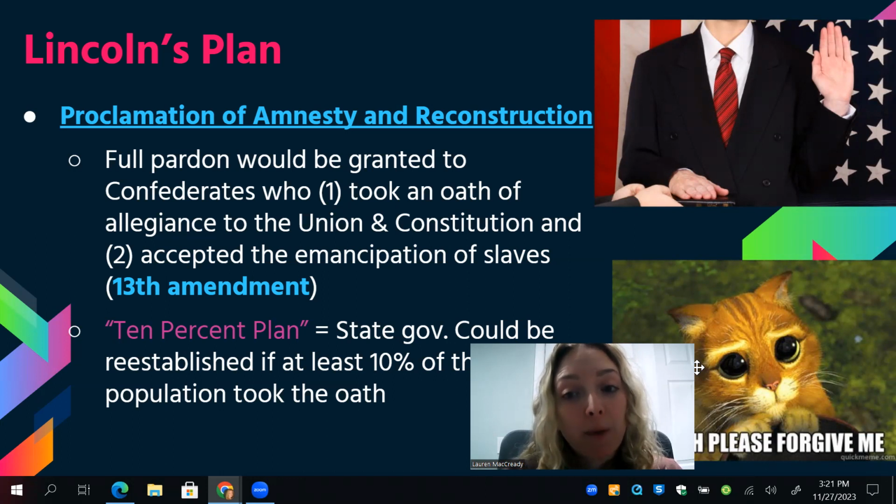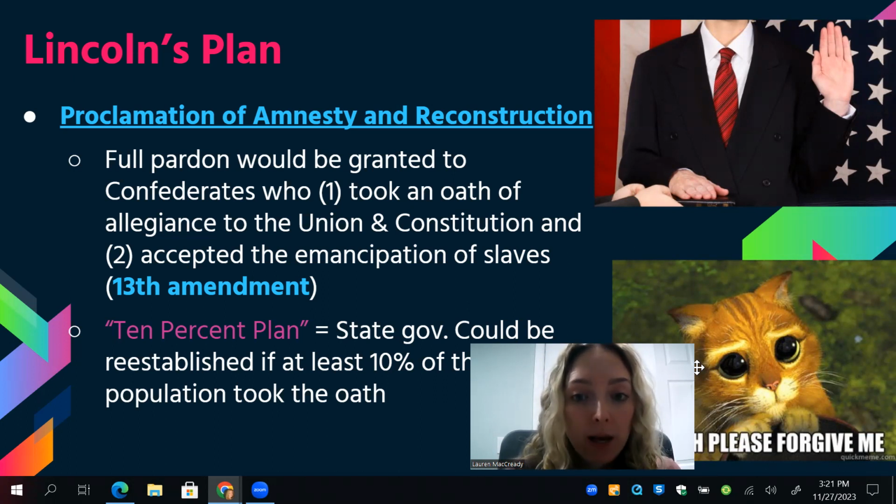So the 13th Amendment here is now being added to the Constitution. So everywhere, even border states, need to rewrite their Constitution now to abolish slavery. Now, some people lovingly refer to this as the 10% plan, but that only refers to the oath portion.